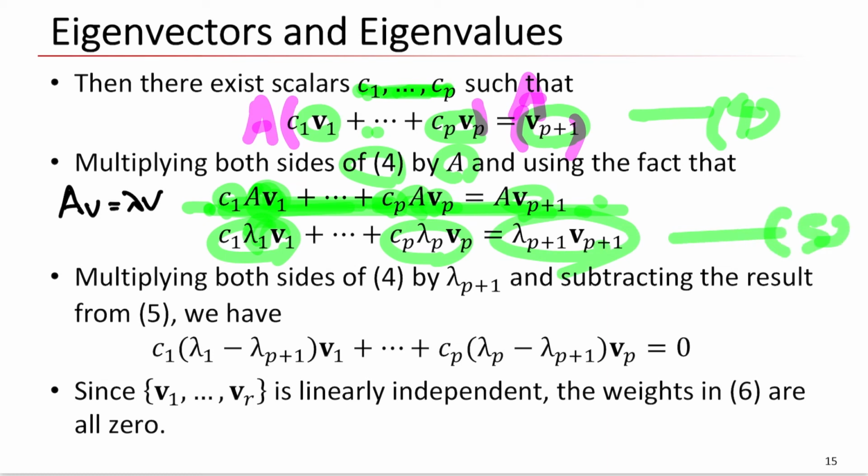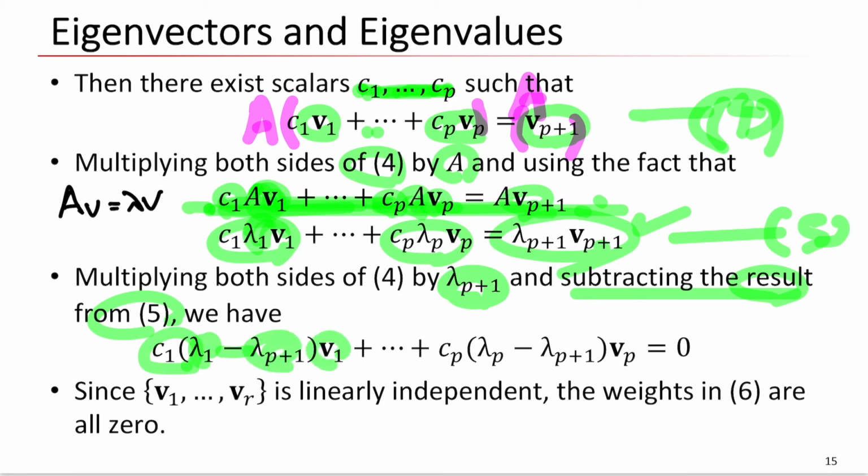And multiplying both sides of equation 4 by lambda(p+1), we want to remove this part, and subtracting the result from equation 5, we get c1 times (lambda 1 minus lambda(p+1)) v1 and so on, equal to 0, because we eliminate this term by subtracting.